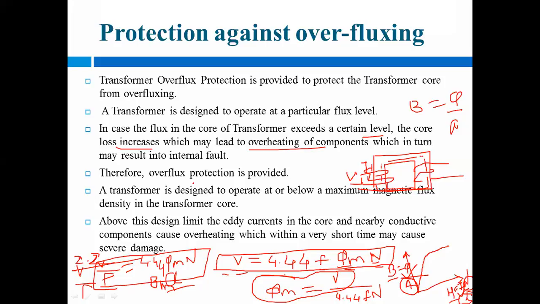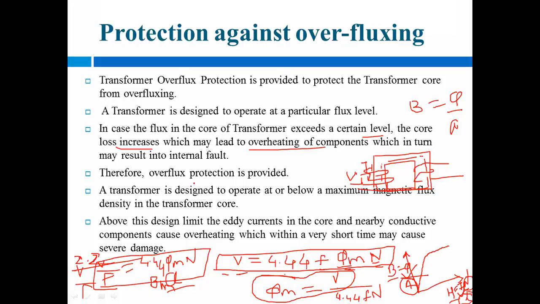Also, in that differential protection scheme, there are again different types. We are going to perform a practical on this transformer, and we are using that differential protection scheme again. Percentage differential protection relay we use there. So we will perform that practical also.